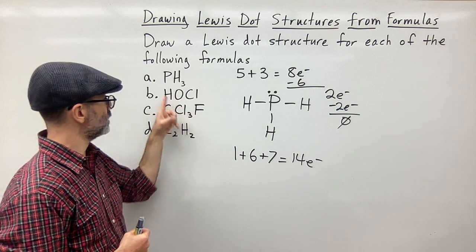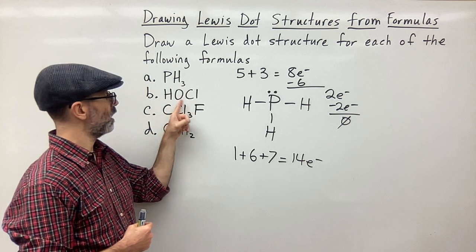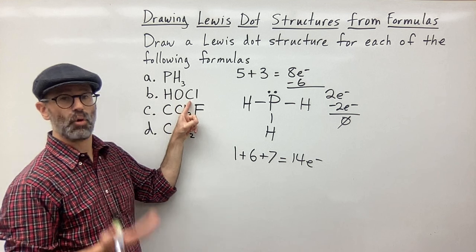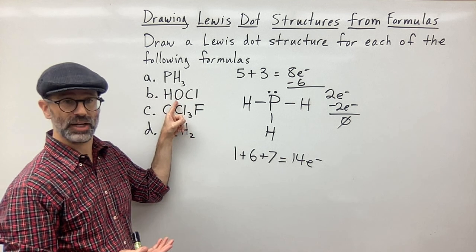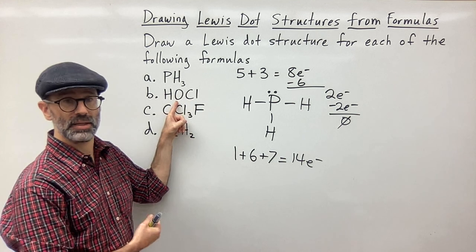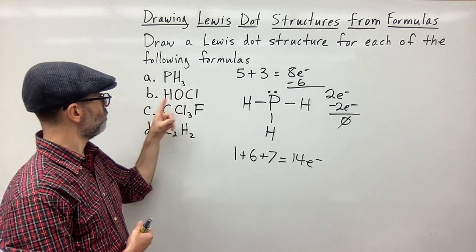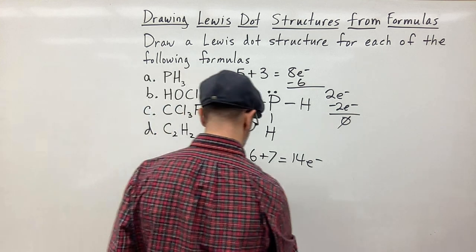So in this case, I would choose oxygen. Now, if we're comparing the electronegativity, then we would see that chlorine is more electronegative than oxygen. Oxygen, being the lesser electronegative atom, would tend to be the central atom here. So we're going to choose that oxygen is the central atom.